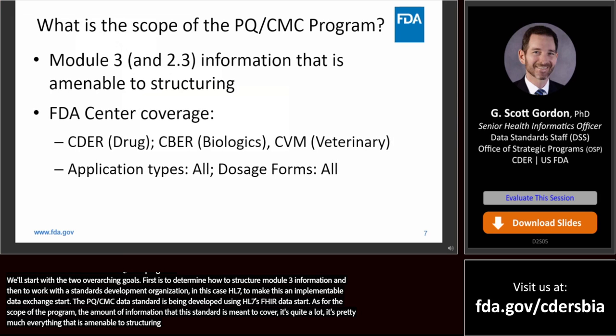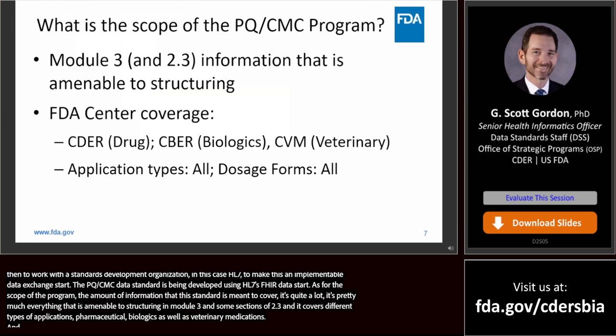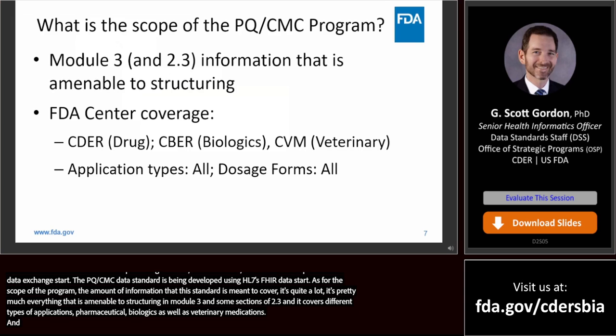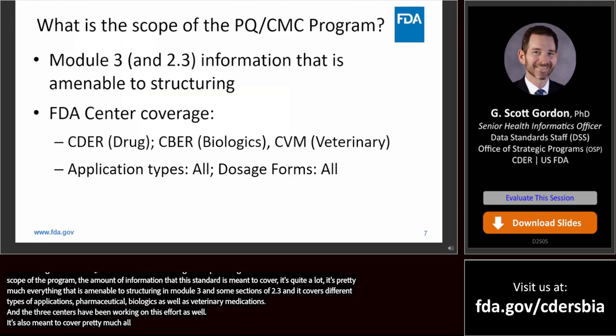And it covers quite a lot of different types of applications, those that are pharmaceutical-oriented, those that are biologics-oriented, as well as veterinary medications. And the 3 centers listed here have been working since the beginning of the program on this effort as well. And it's also meant to cover pretty much all application types and pretty much all dosage forms.